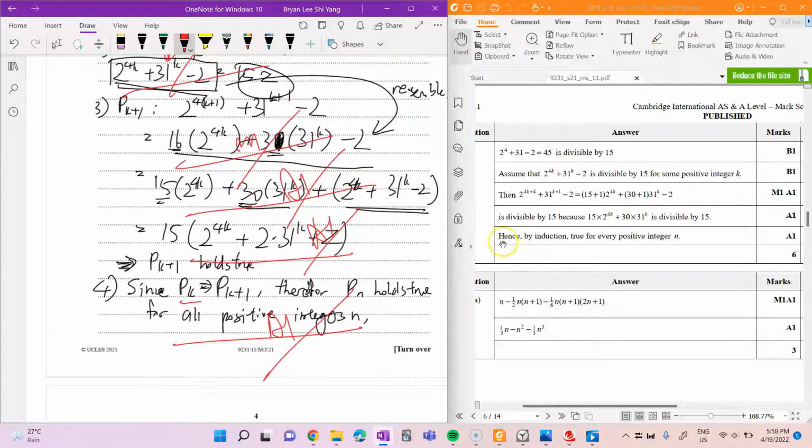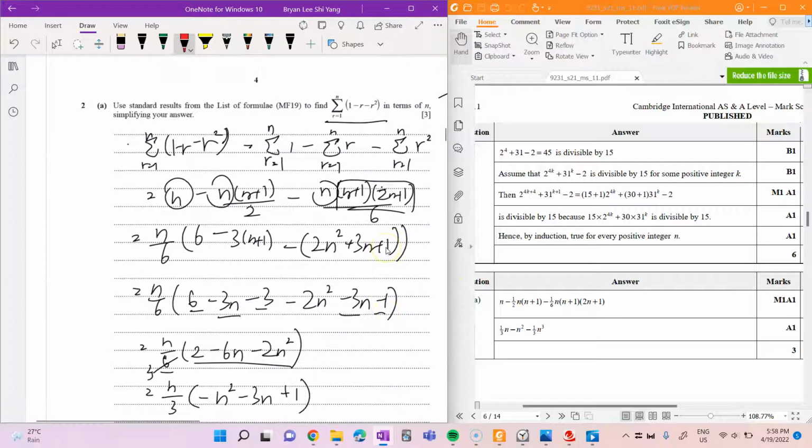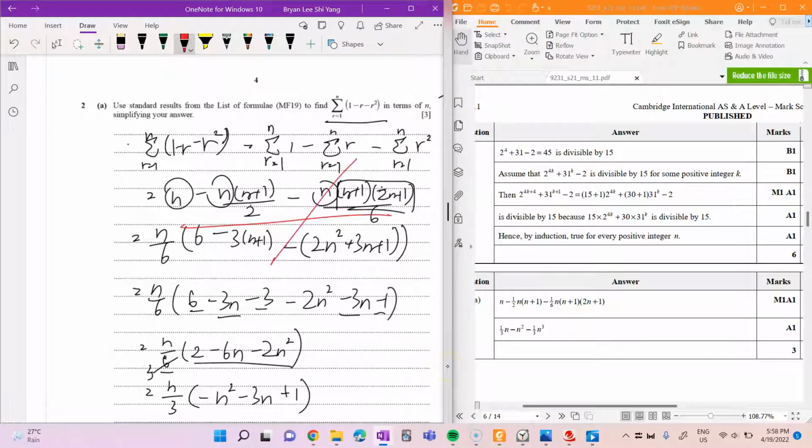But I still recommend that whatever is written on the mark scheme, you just follow, because mark scheme is life, guys.